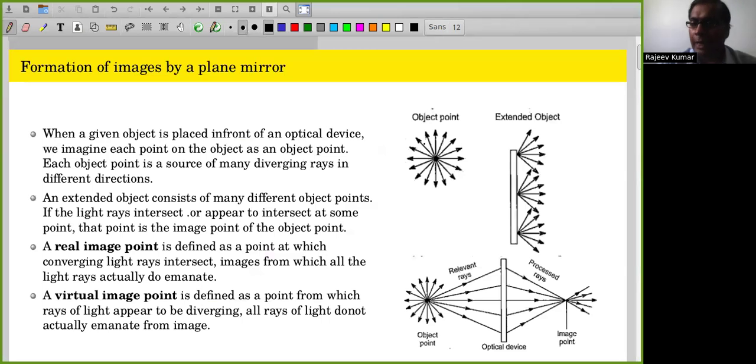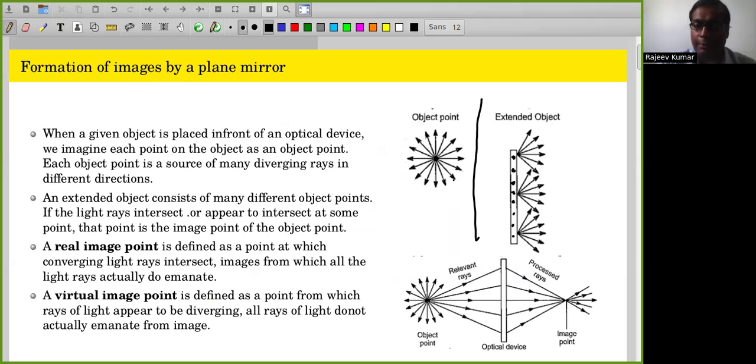However, if we have a different kind of object shown over here, like this longitudinal object, every point on this object behaves as a point object. So we can make as many point objects emitting radiation from each and every point. So from these points, we can have a number of light rays emanating.